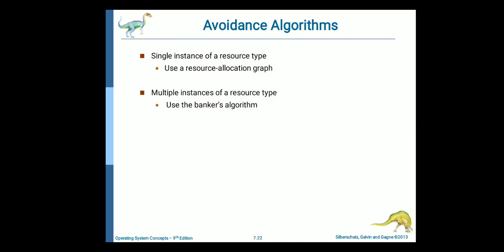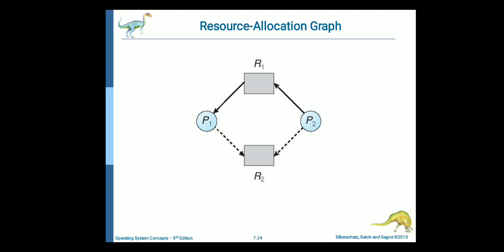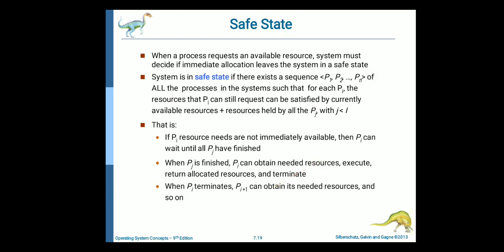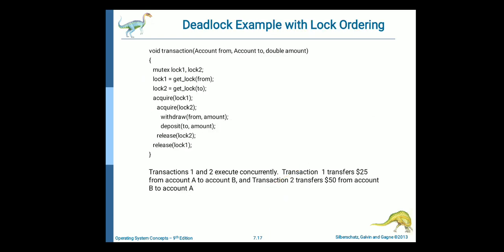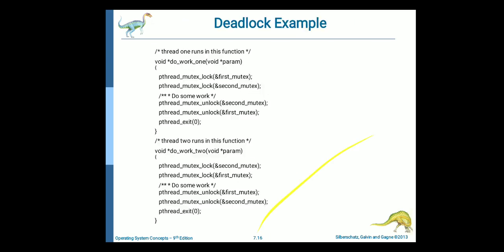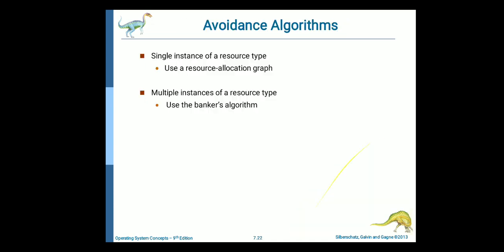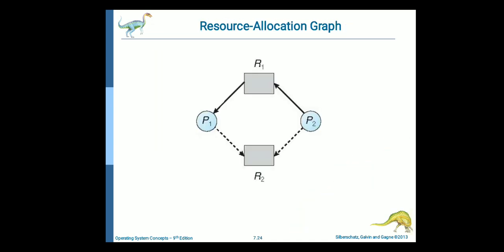There are different kinds of avoidance algorithms, such as the resource allocation graph. For avoidance, we use different algorithms for calculating the safe state.